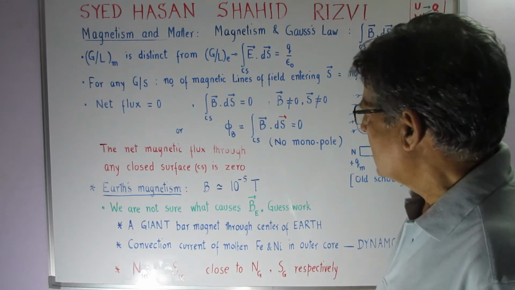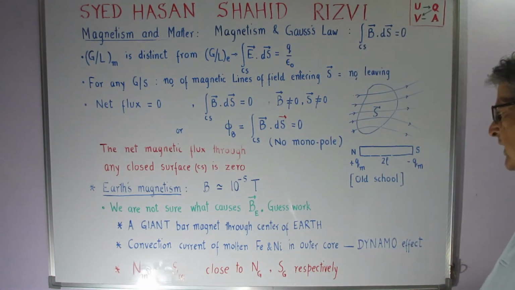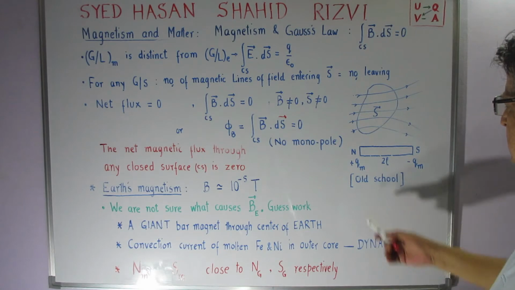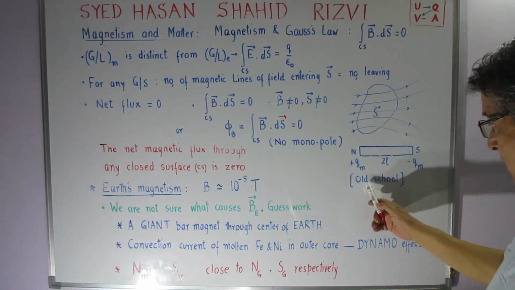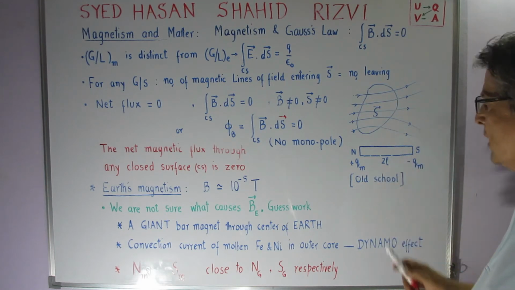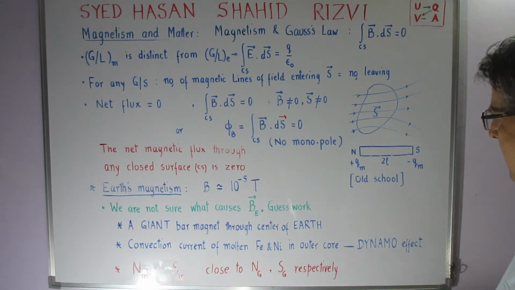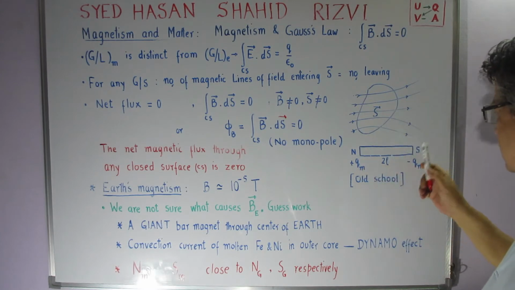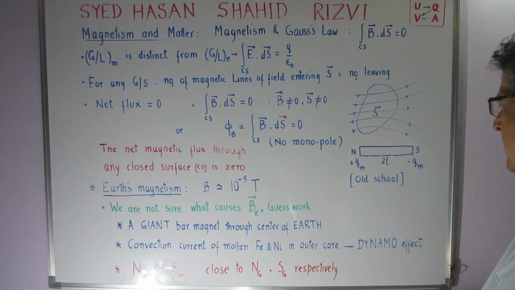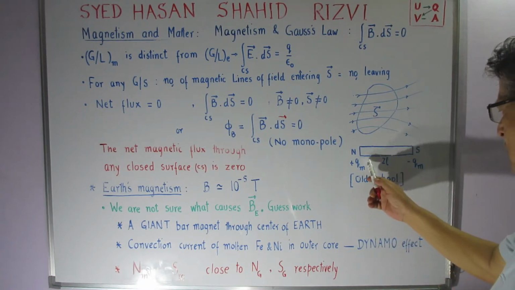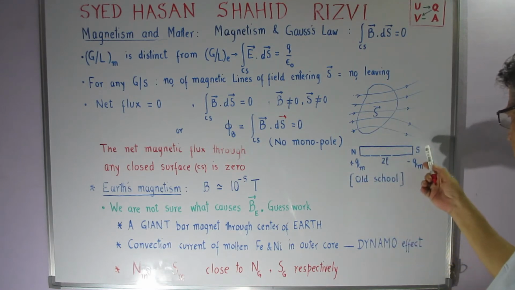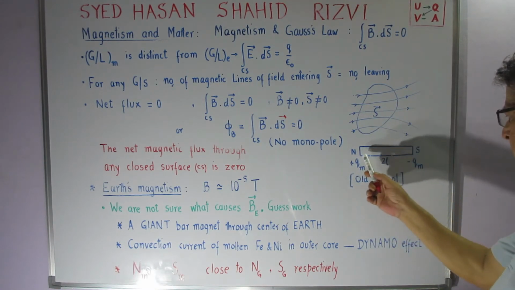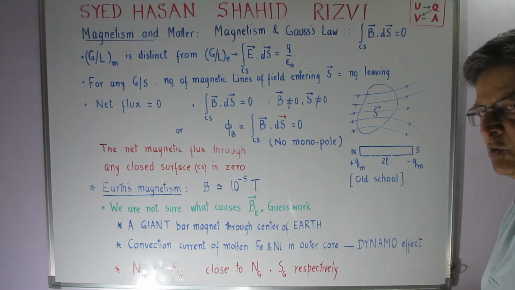So this is about the Gauss law. Now I must tell you something. There used to be a time, and I also used to be taught like this, in the old school of thought, where we considered the bar magnet, or for that matter any coil, to consist of two magnetic charges, north pole plus qm and south pole minus qm, and the separation between the two of them was taken as 2L.